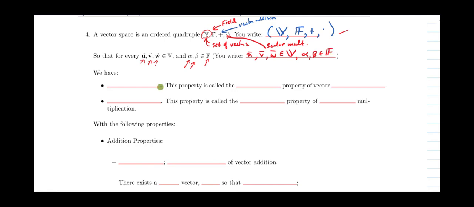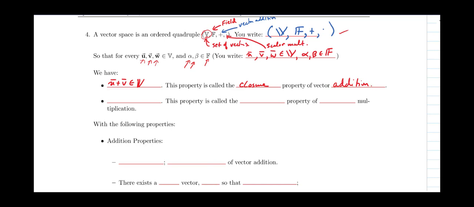Okay, so what is a vector space? Well, it's going to be these collections of objects that satisfy a whole bunch of different properties. The first one is that if you have u and v in your vector space, then u plus v must also be in your vector space. This is called the closure property of vector addition.